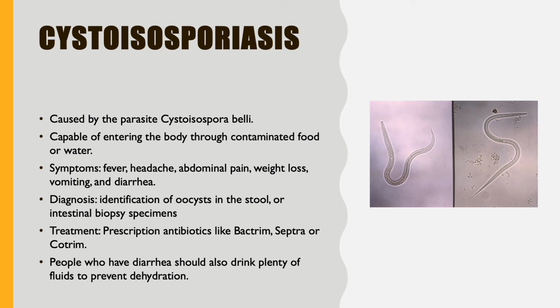A diagnosis can be made through the identification of oocysts in the stool or intestinal biopsy specimens. The treatment for this is prescription antibiotics like Bactrim, Septra, or Cotrim. People who have diarrhea should also drink plenty of fluids in order to prevent dehydration and should also get plenty of rest. On the right here, we have what the parasite Cystoisospora belli looks like.